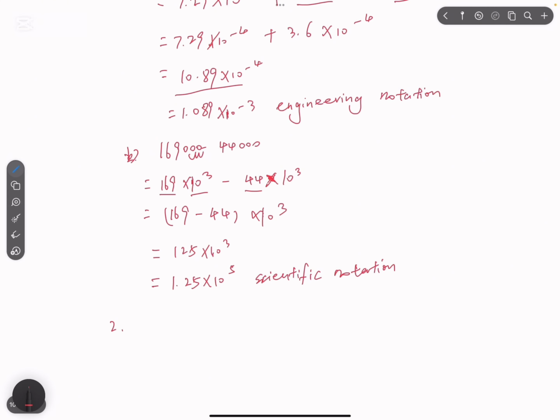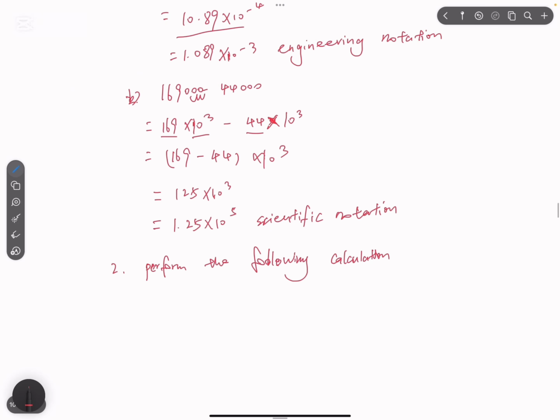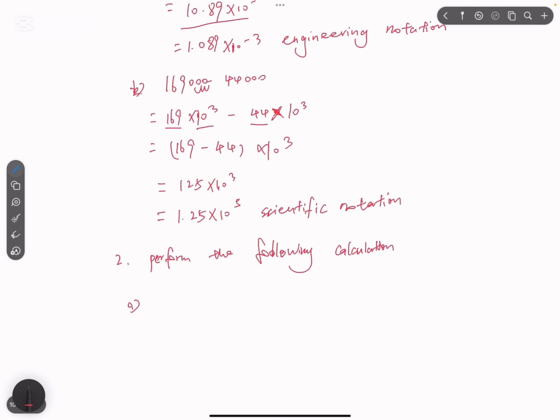Then the second one is perform the calculation for the multiplication. So the first one is 4.45 times 10 to the minus 4 divided by 7.56 times 10 to the 7.